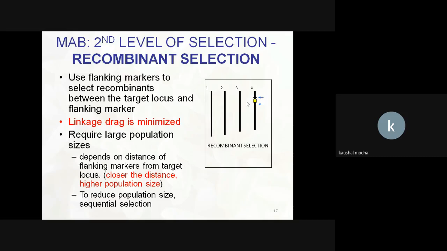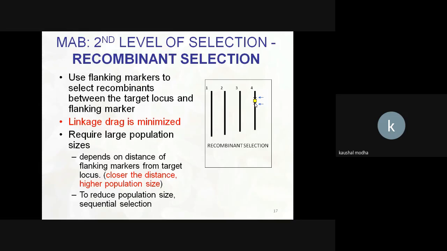But if you are expecting a double crossover here, or this recombination to occur, it is very unlikely because the frequency of double crossover is very low. If you are expecting that in backcross 1 itself, it is possible, but in that case you have to open a very large number of plants in backcross 1 because these flanking markers are linked with the target locus.